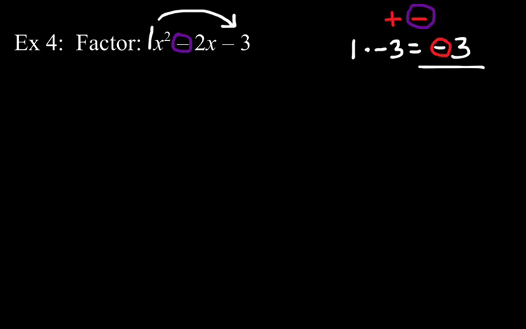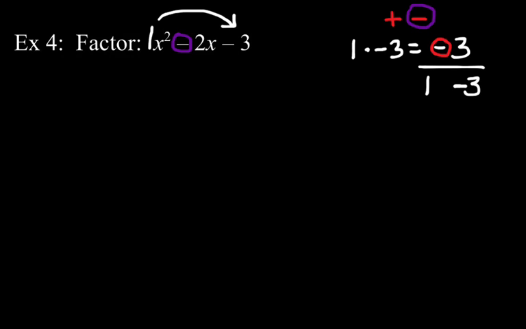When you add numbers together that have different signs, whichever one is bigger outweighs the one that's smaller. So when we write our factors down, we're going to write down a positive one that's small and a negative one that's big. So when we start listing these and I've got 1 and 3, I'm going to make sure I put the negative with the 3 because that's the bigger number of those two.